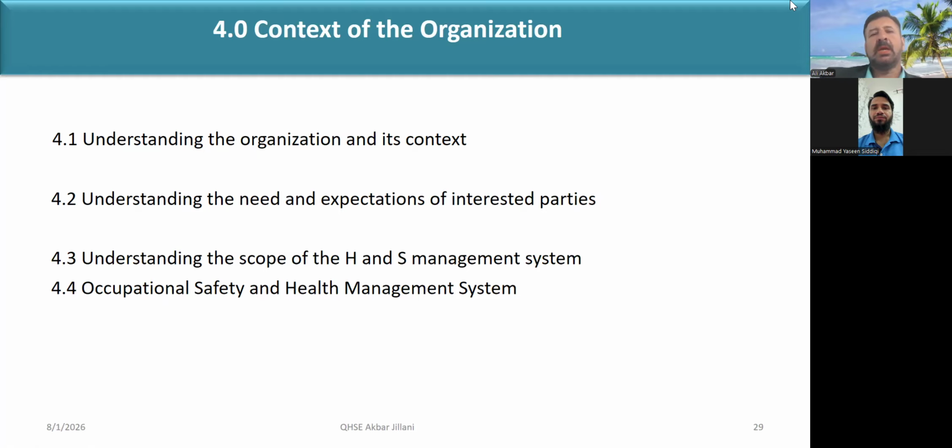Now, understanding the organization and its context, understanding the needs and expectations of interested parties, understanding the scope of the occupational health and safety management system. So now let's come one by one.